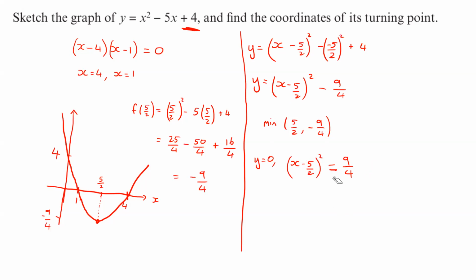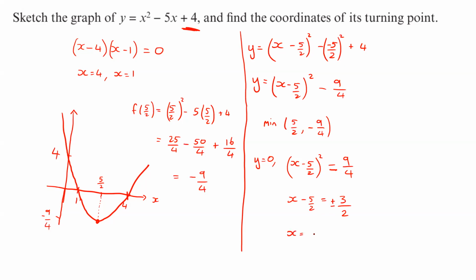So it's like that. I'm going to square root both sides. So I get x minus 5 over 2 is equal to the square root of 9, which is 3, over the square root of 4, which is 2. But I did square root, so don't forget that plus minus as well. And finally, I need to add.